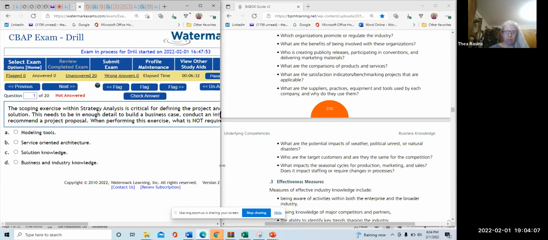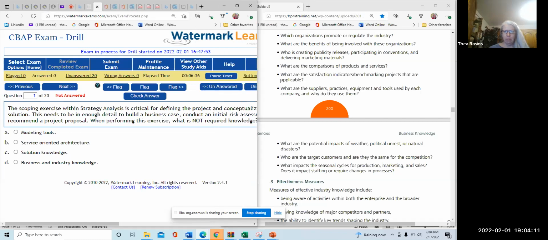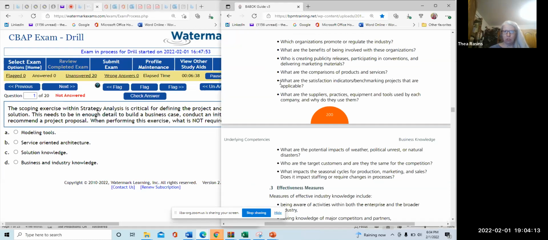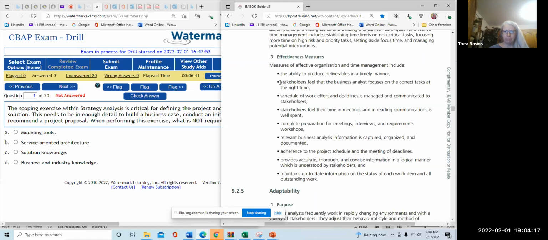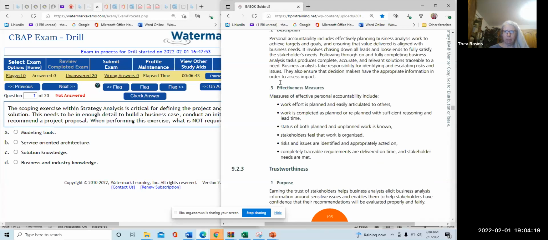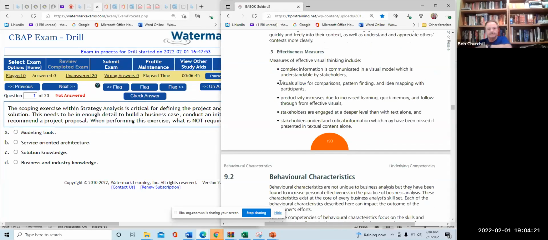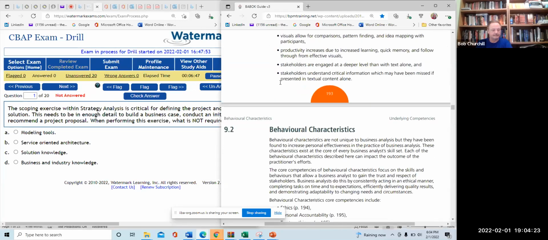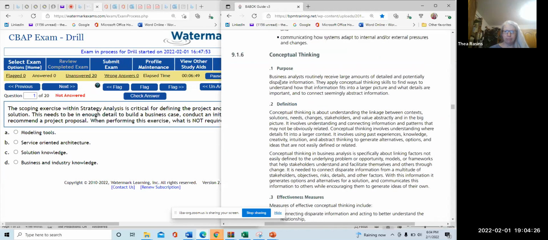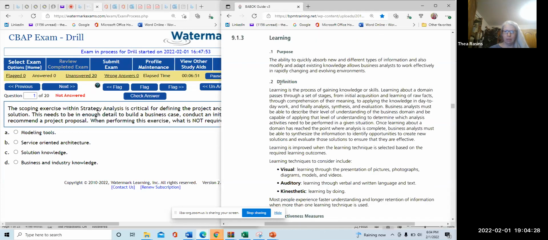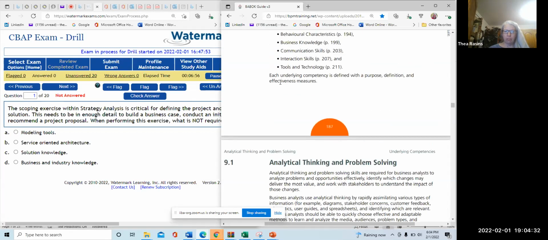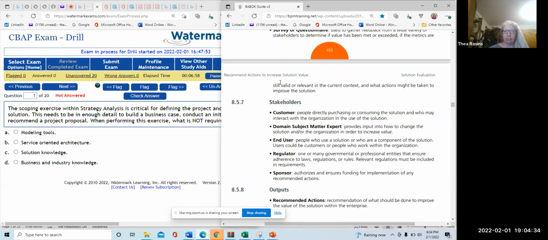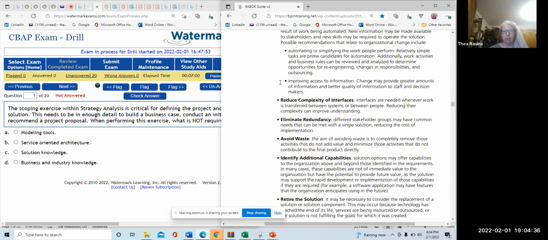So the first thing we're going to do is talk about the underlying competencies chapter. The underlying competencies chapter is chapter 9. Let's jump to the beginning of it here. It's long because I helped write it. Behavioral characteristics. So the three things I wrote in the BABOK, this version, are underlying competencies, the techniques, and the glossary.